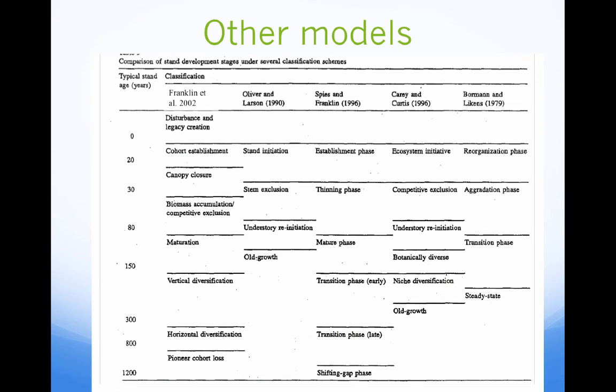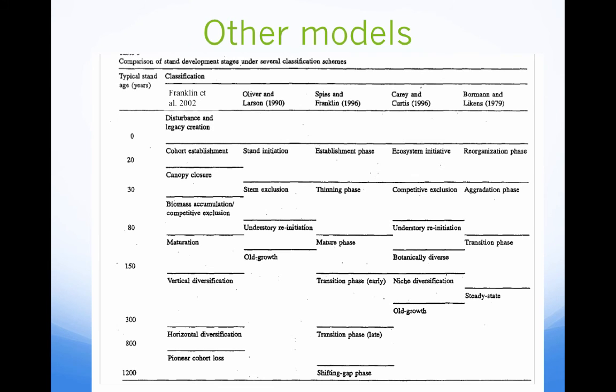So Oliver and Larson is just one model, and that's this one. So Oliver and Larson, 1990. We have other models, which includes something like Franklin et al. And you can see they classify these different stages of stand development.